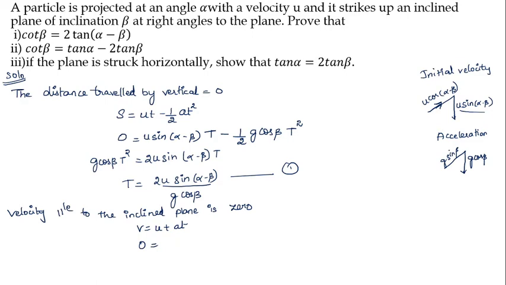In the inclined plane direction, what will be the initial velocity? That is U cos alpha minus beta. And the acceleration will be g sine beta.